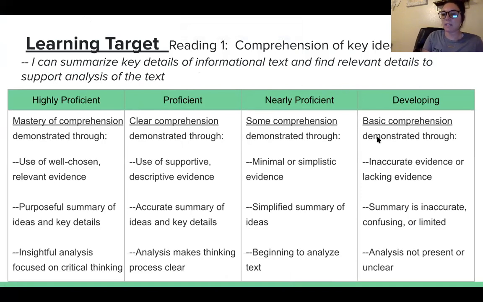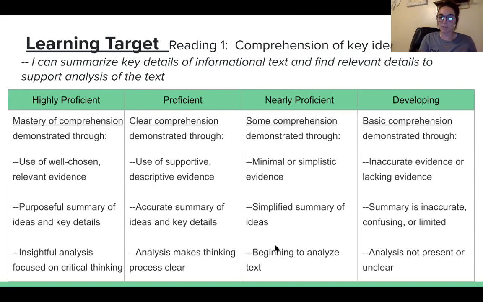Developing is, you've got basic comprehension of the text that you read, maybe inaccurate evidence or there wasn't enough, the summary was inaccurate or confusing, and your analysis was not present or unclear. Nearly proficient bumps up a little bit. So some comprehension, you have evidence, but maybe it's very minimal.